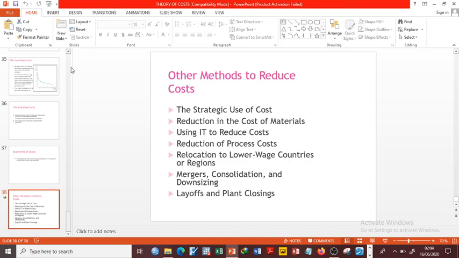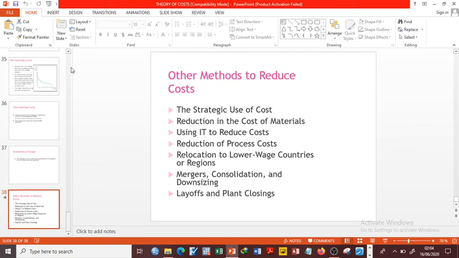We've seen businesses using online platforms like Facebook, LinkedIn, and Twitter to advertise, and this would be less costly compared to advertising in the newspapers, on radio stations and TV stations. So using IT, people are now using apps like SafeBoda, like Uber. So that one is using IT to reduce costs.